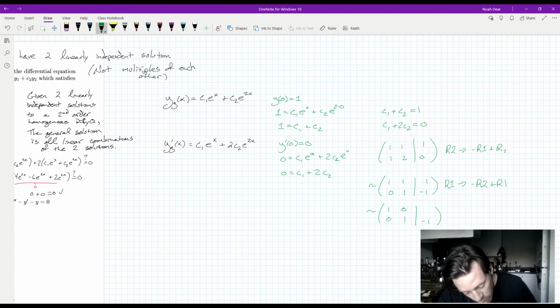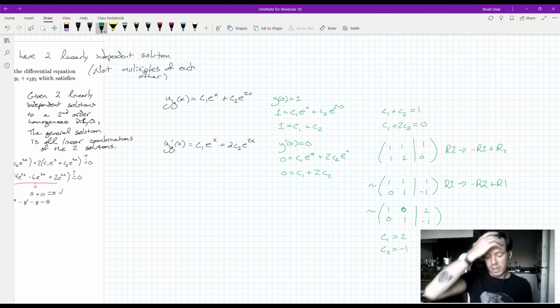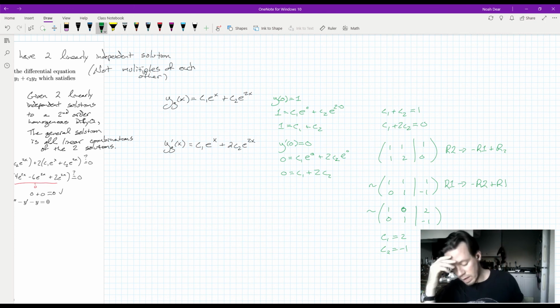That'll give us that 0 in this location, and then negative R2 is going to be a positive 1 plus 1 gives us a 2. So this shows us that 1c1 plus 0c2 equals 2, and 0c1 plus 1c2 equals negative 1, or to simply say that c1 equals 2 and c2 equals negative 1.